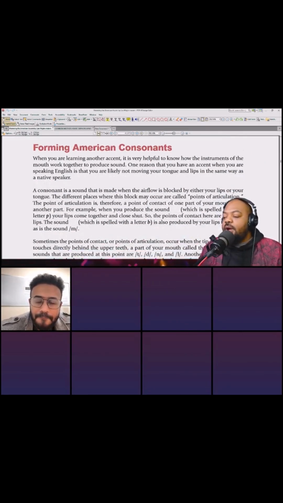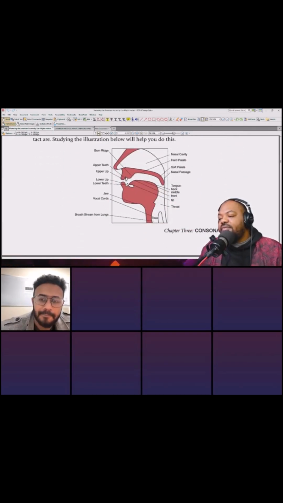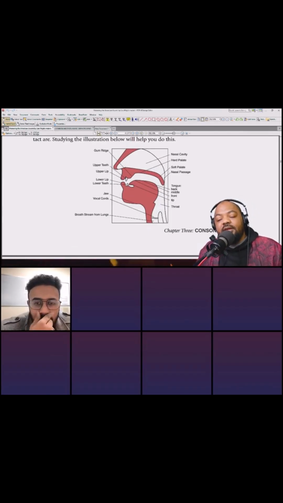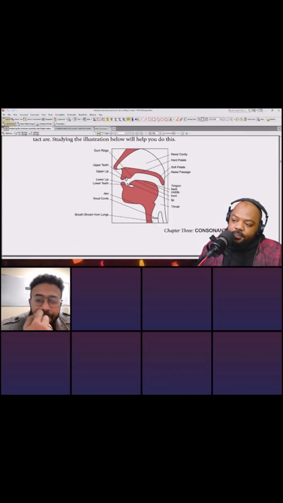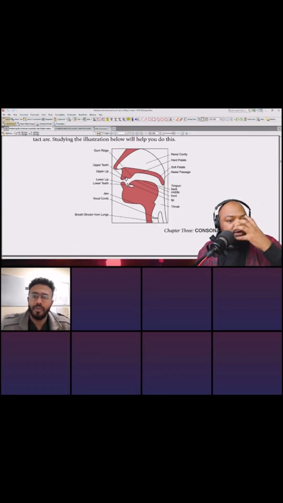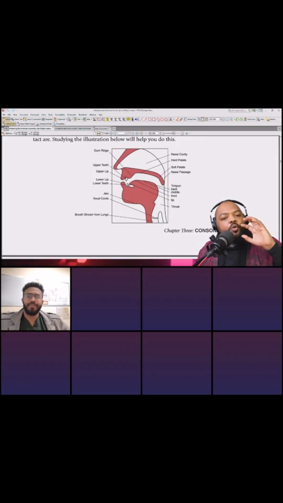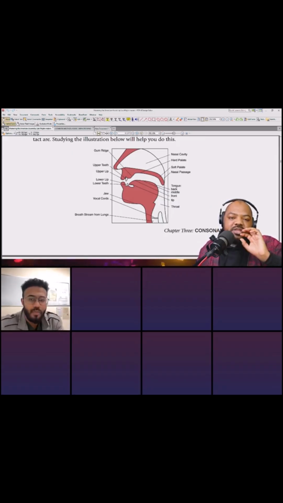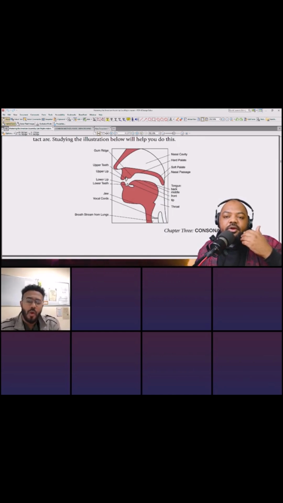So when it comes to the American consonants, we have a few of them which might be a little tricky because of where they come from. In your actual mouth, it depends on the placement of the tongue, whether it's in the front or the back. Like earlier we mentioned the th sound. For that, your tongue has to be between your teeth.